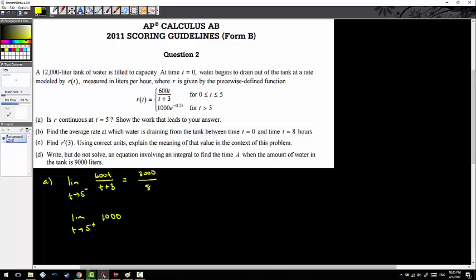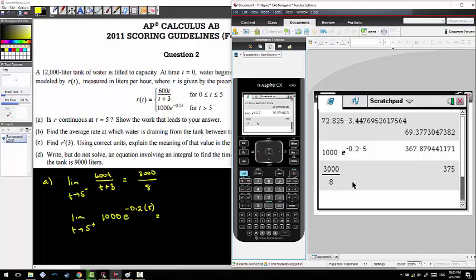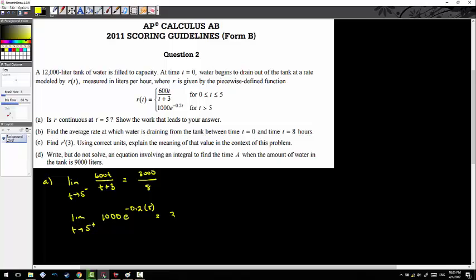So I get 1,000 e to the negative 0.2 times 5. I'm going to go and calculate that. What do I get when I calculate it? I get 367.8794. So I already did the calculations before I resumed the video.